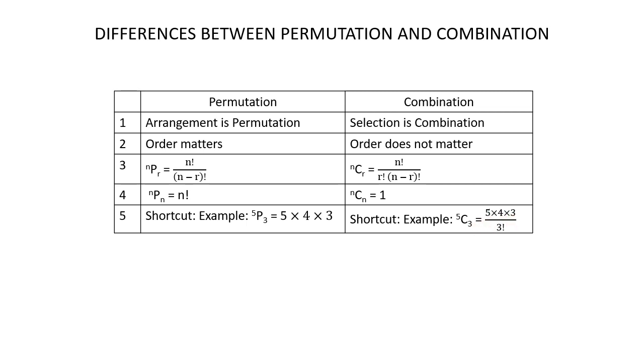So 5 multiplied by 4 multiplied by 3 is in the numerator, and in the denominator it is 3 factorial because 3 is the subscript here. Make a special note of point number 3, point number 4 and point number 5 so that you are not confused while solving problems on permutations and combinations.